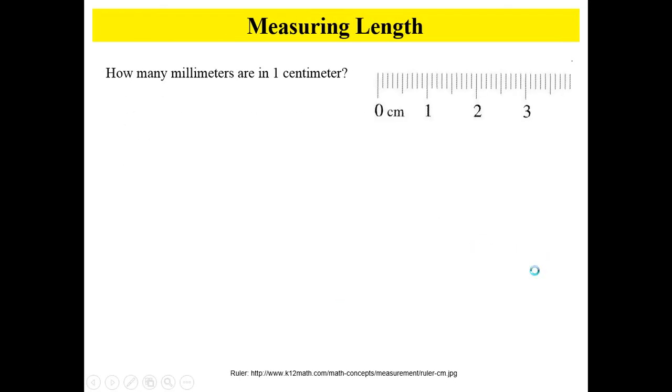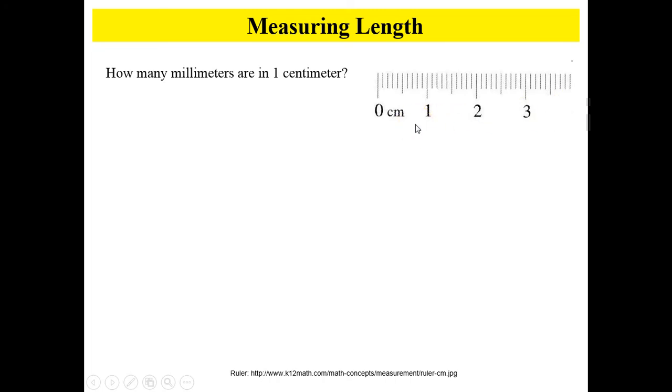So how many millimeters are in 1 centimeter? If you were listening just a moment ago, take a look here. This represents a short piece of a meter stick. We have from 0 centimeters to 1 centimeter, all the way up to more than 3 centimeters.